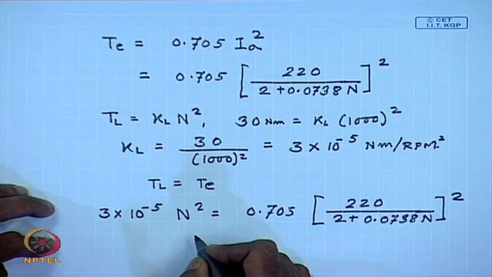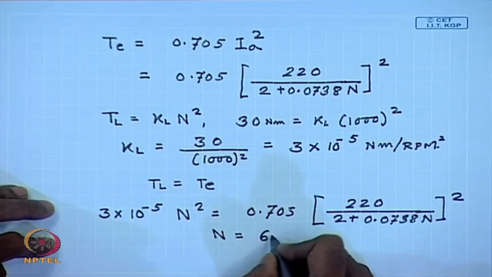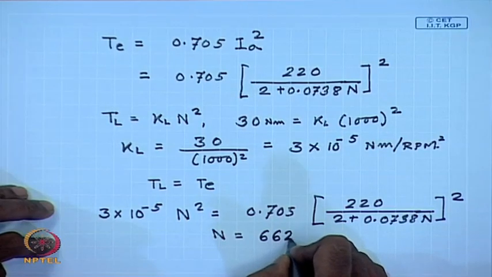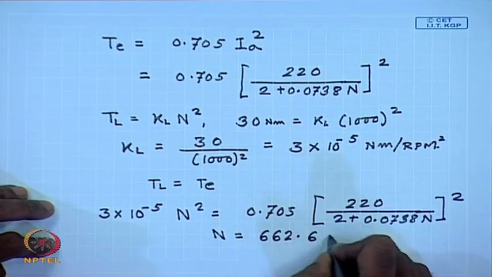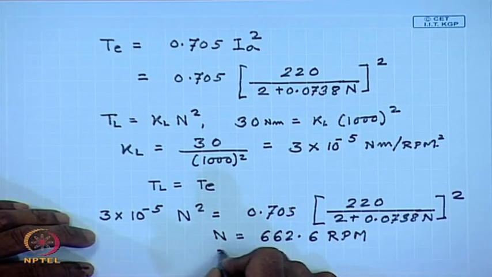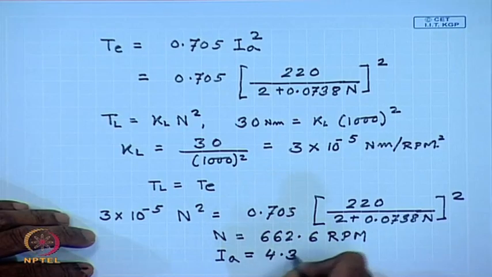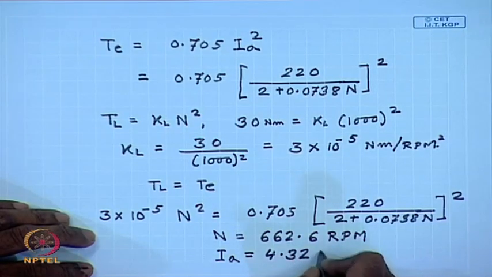Solving this, we get n equal to 662.6 RPM, and the corresponding IA comes to 4.32 amperes.